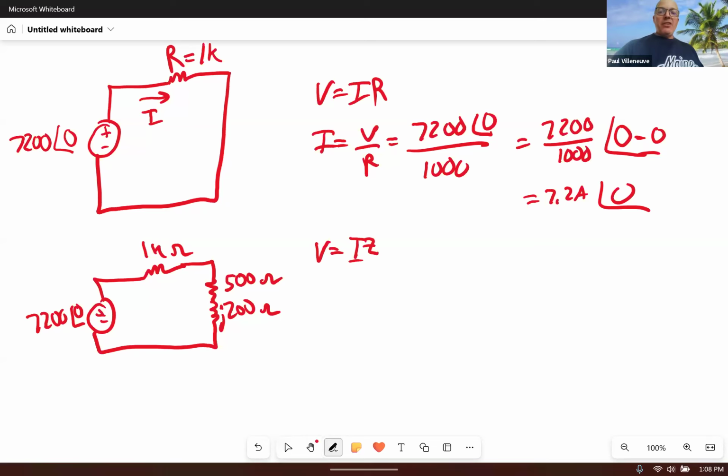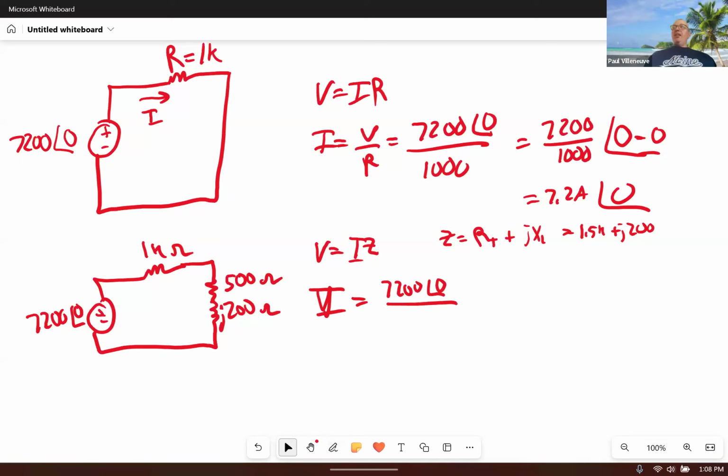And Z in this circuit is R total plus, we'll call it jXL, whatever that equivalent motor load is. So that's going to be equal to 1.5K plus J 200. So my current is equal to my voltage. That hasn't changed. It's still 7,200 volts at an angle of 0.